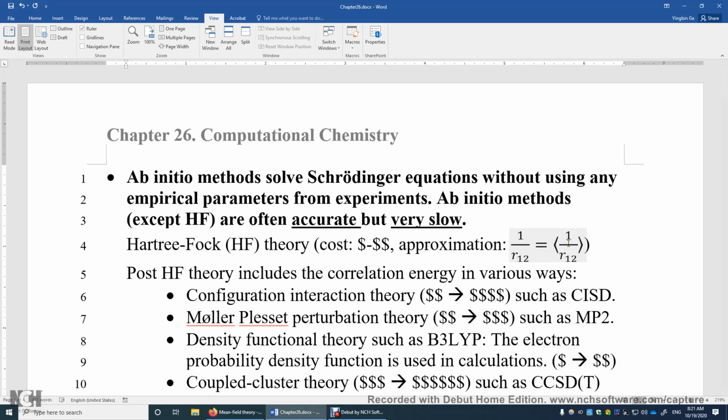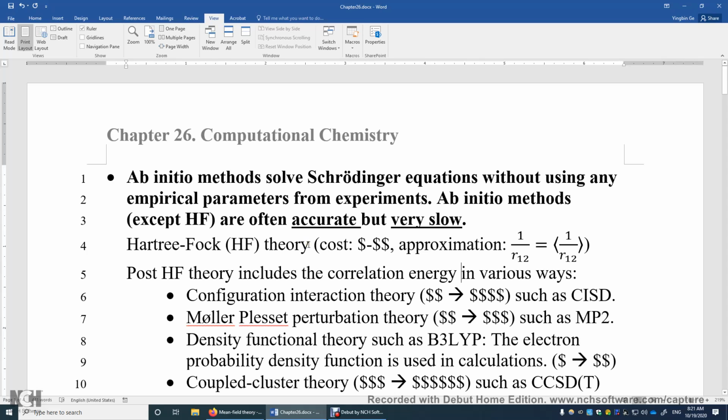For example, if you try to calculate a molecule with 100 electrons, supposedly you need to solve one single Schrödinger equation for these 100 electrons. But in Hartree-Fock theory, you solve 100 Schrödinger equations. Each contains only one electron.